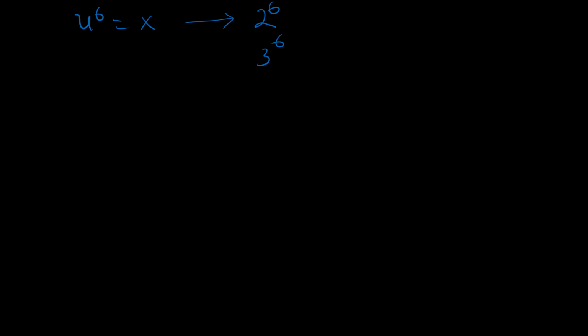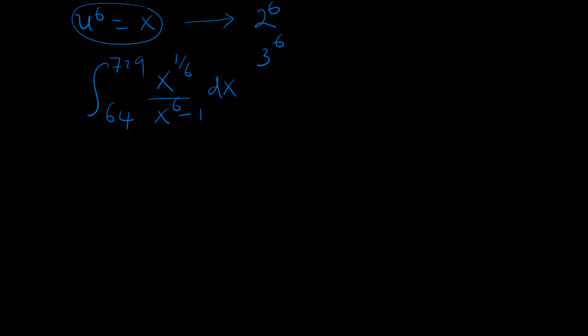So in the u domain we have the integral from 2 to 3 of u over u minus 1 dx, and from here we see that 6u to the power 5 du will be used to substitute for dx.